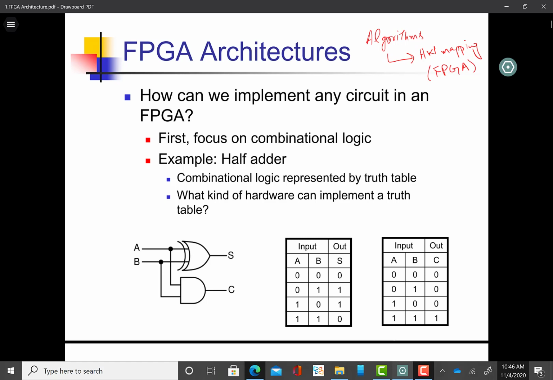Initially, FPGAs were used as prototyping devices by semiconductor companies. For example, if Intel wants to implement its Intel Core i5 processor, maybe Intel wants to first check if the processor is okay, it is free of all the bugs.